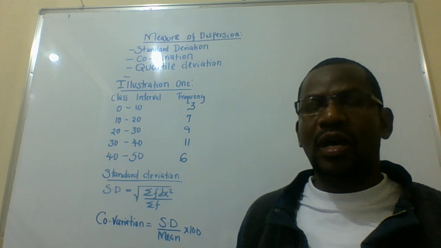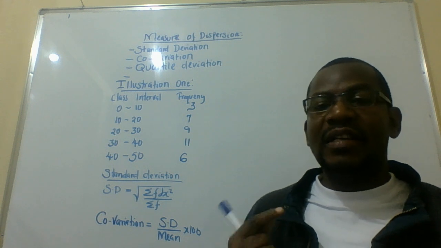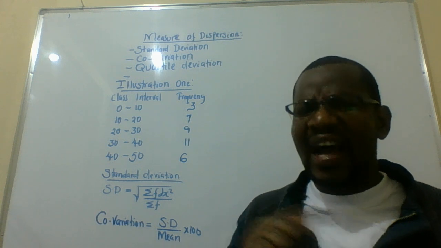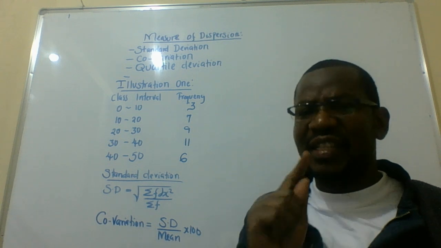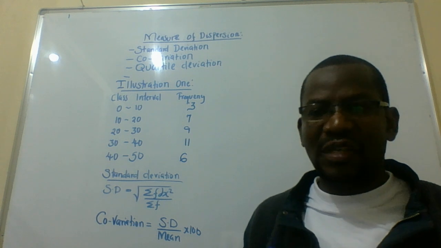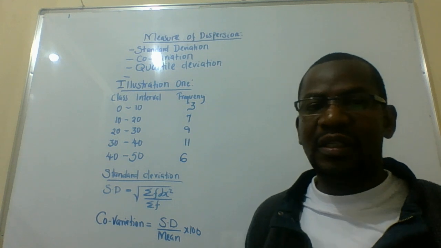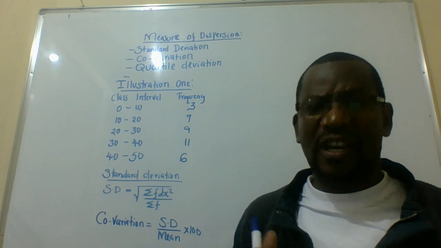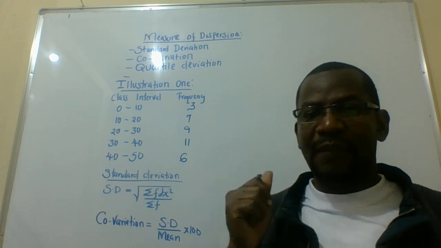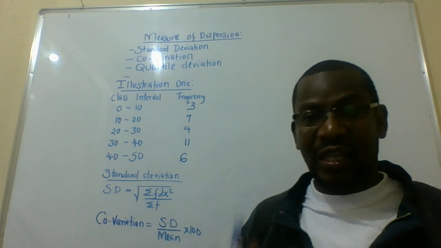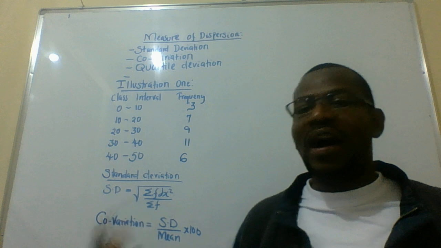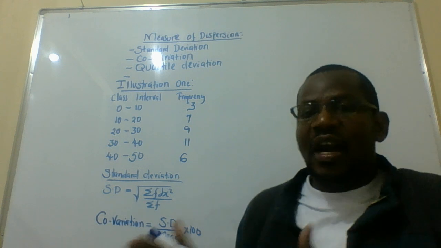It tries to show us the disparity between the mean and the other items, especially the x. Therefore, we must also calculate the midpoint. Standard deviation helps us to measure the disparity between the variables, which is the x, and the mean. How dispersed is the mean from the other items.